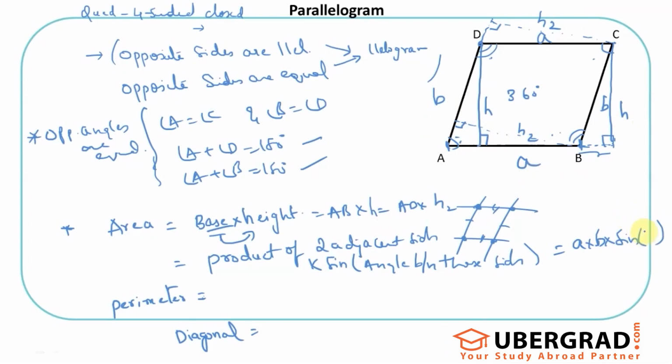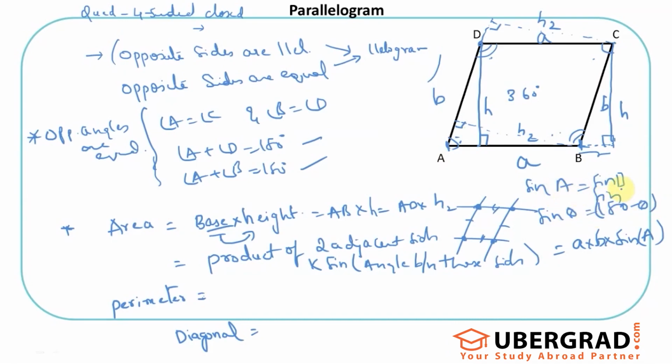Let's say sine A; I can use sine A, sine B, sine C, or sine D. It's going to be the same. Why? Because sine A and sine C are equal, since A and C are equal. A plus B is 180, so sine A will also be equal to sine B, because sine theta is the same as sine of 180 minus theta in trigonometry.